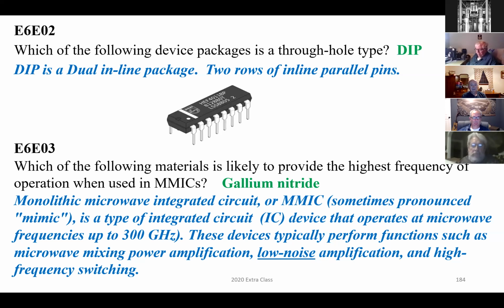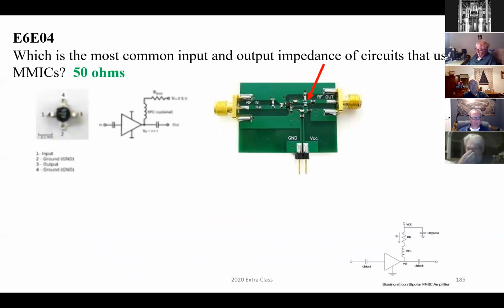Okay, number 3. Which of the following materials is likely to provide the highest frequency of operation when used as an MMIC? It's going to be D, gallium nitride. Okay, number 4.